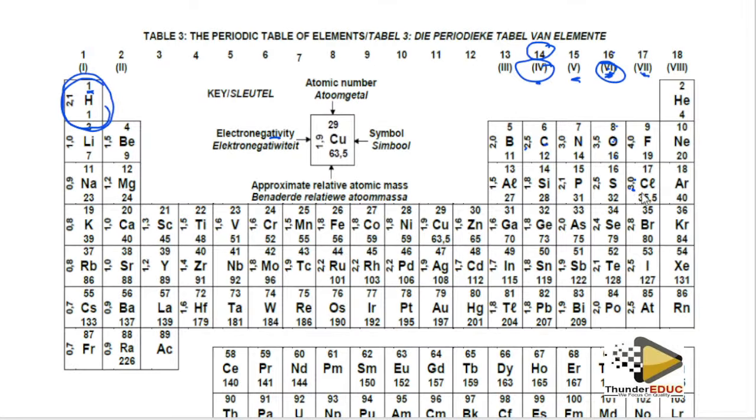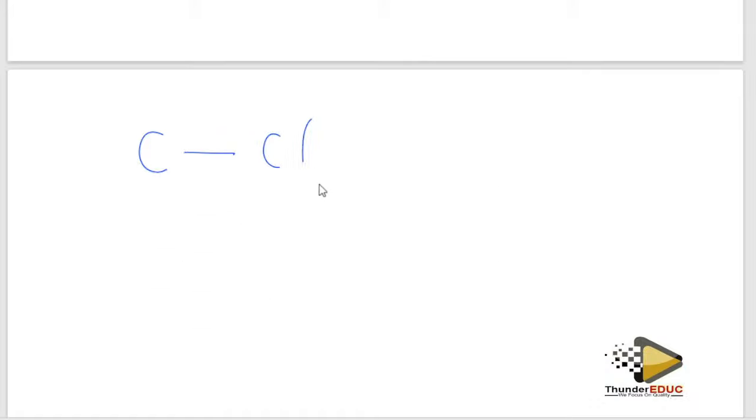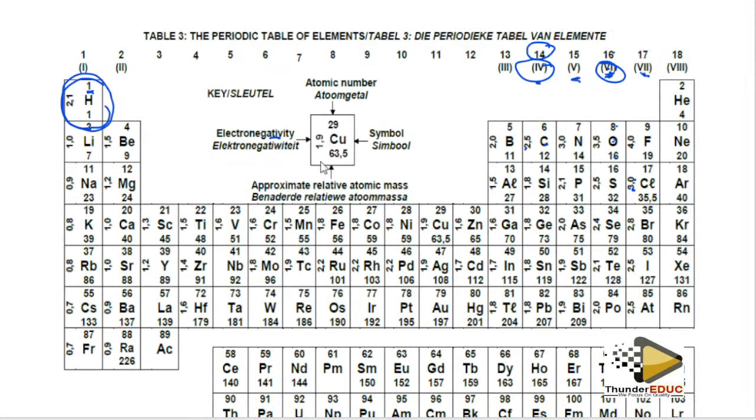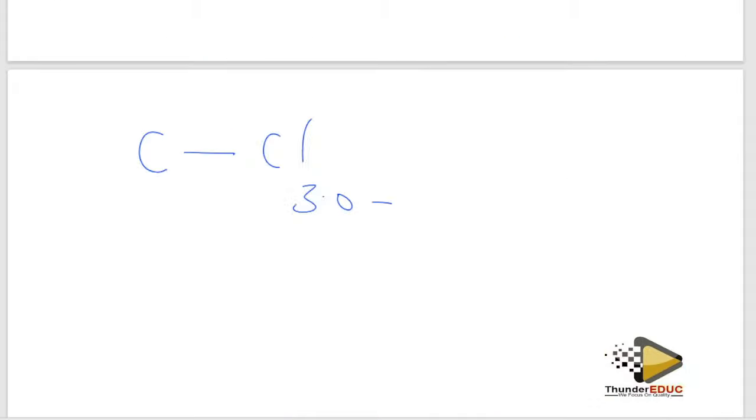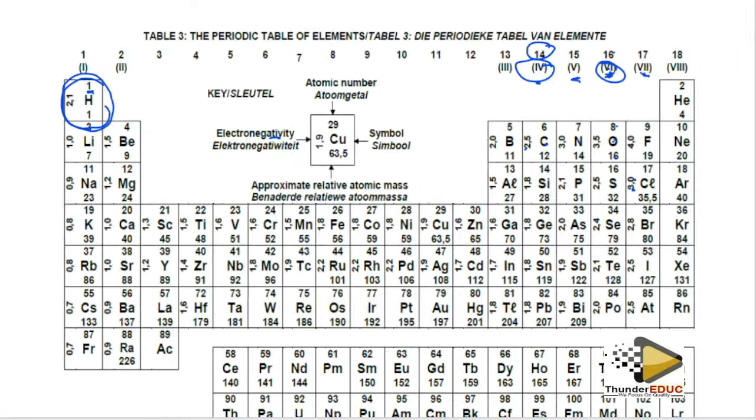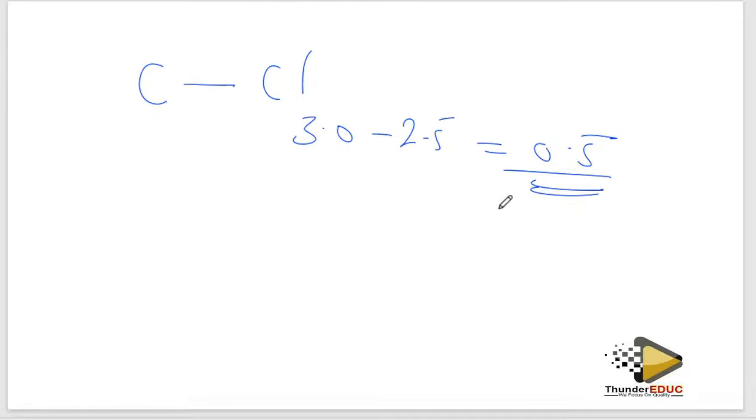We said chlorine is 3.0, minus the carbon, which is 2.5. It means that the polarity of this is 0.5. So that is how you are supposed to calculate the polarity.